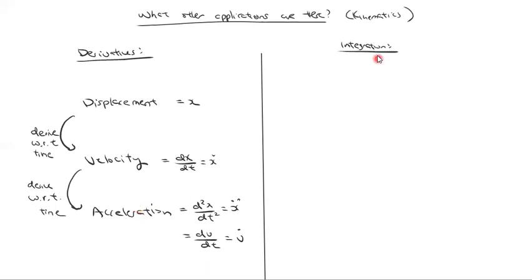So, I've written in a separate column here, but if you think about it, if you derive and you get the velocity, and you derive and you get the acceleration, how do you think integration would apply here? You can integrate acceleration to get velocity. Yeah. So really, I don't need an extra column.